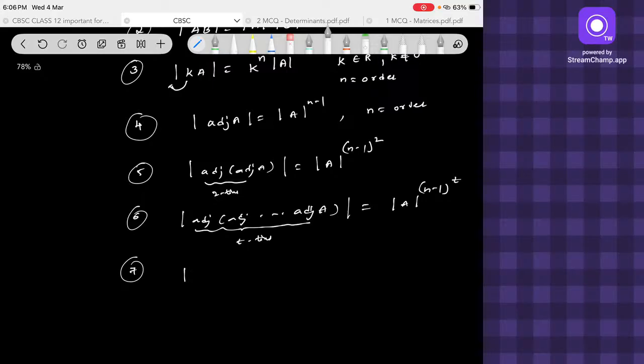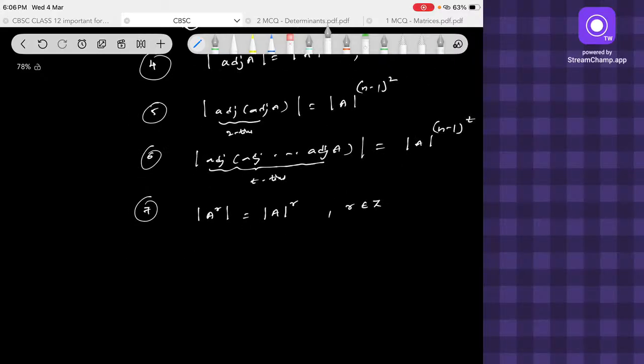And determinant of A power of r is equal to determinant of A whole raised to the power of r, where r can be any integer. For example, sometimes they will ask in a question: what is determinant of A inverse? They will give determinant of A and ask for determinant of A inverse.